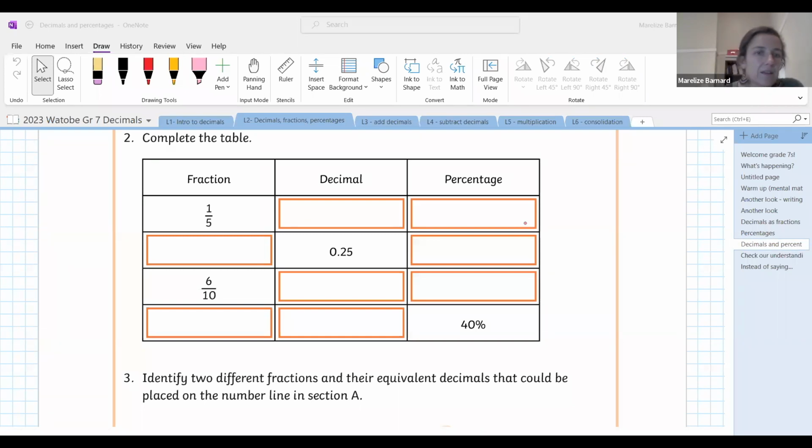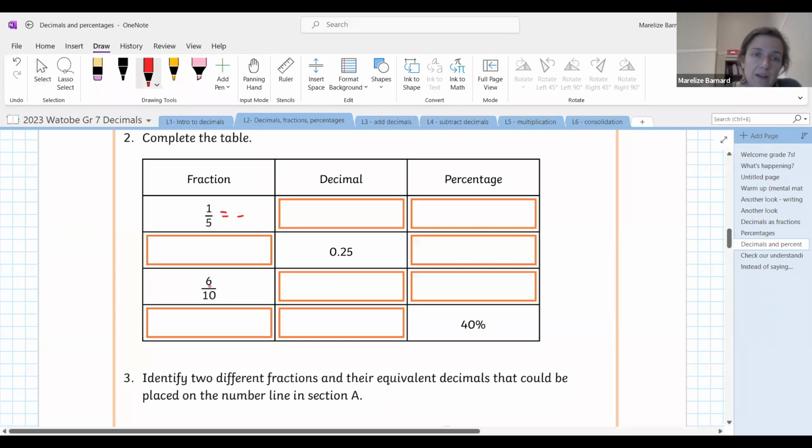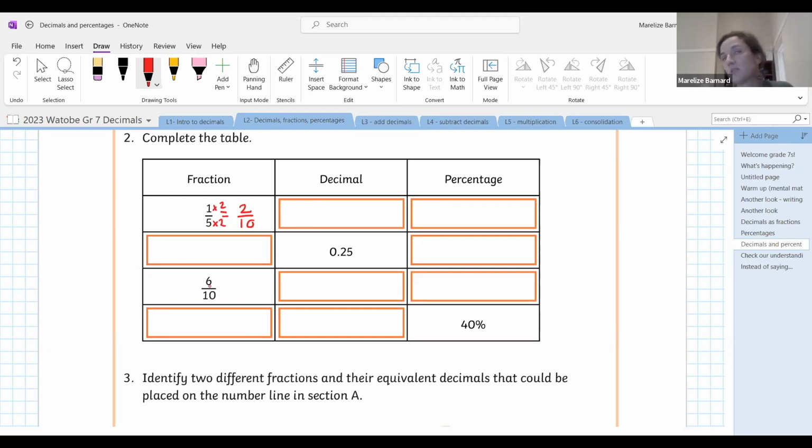We say, for instance, if this fraction is a fifth, now to write it as a decimal, we can do that little bit of thinking about how many tenths is 1/5. And to do that, we can say 5 times 2 is 10. So 1 times 2 is 2. So that's 2 tenths. Once you work with this a lot, you just get to know these things off by heart. So then it is 0,2 as a decimal.